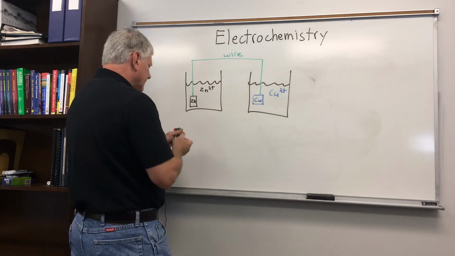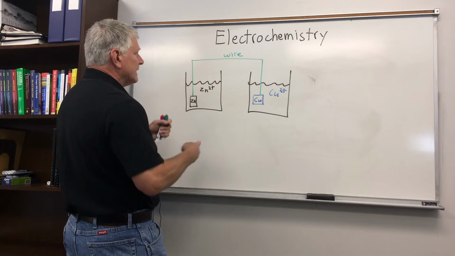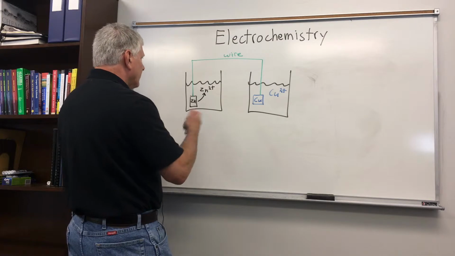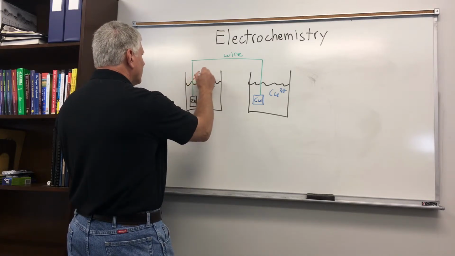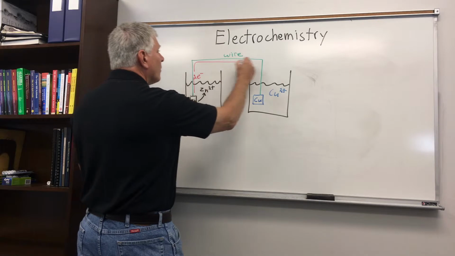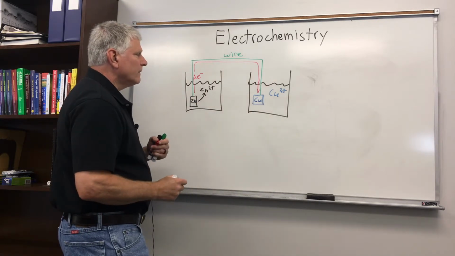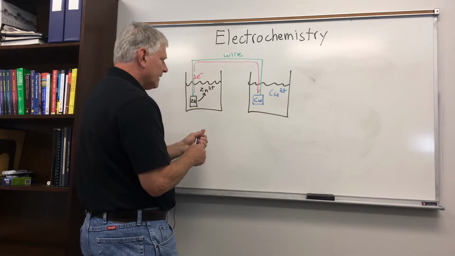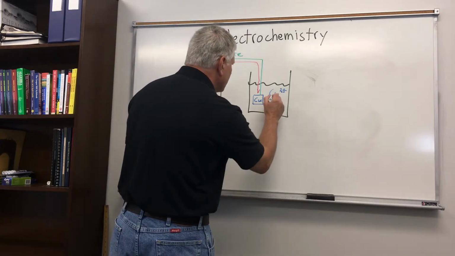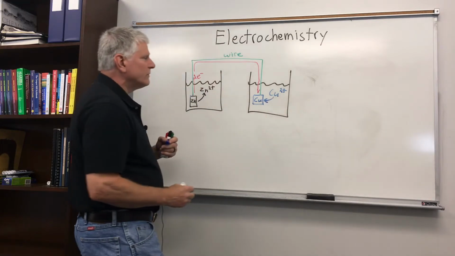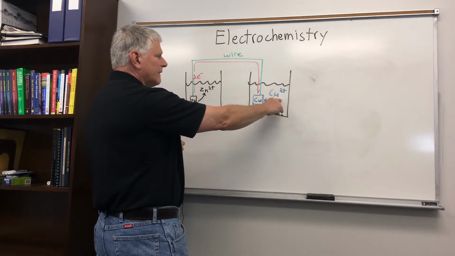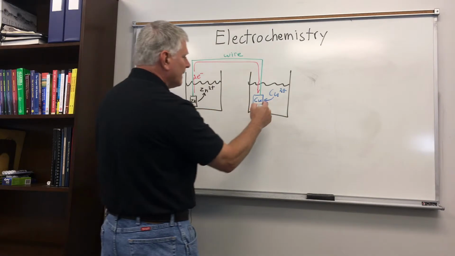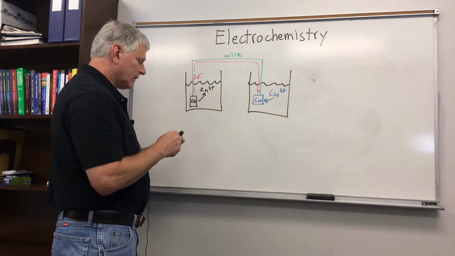Now during this reaction, zinc is going to give up 2 electrons and go to zinc 2+. And these 2 electrons are going to flow through the wire and get to the copper solid, where the copper 2+ can gain those 2 electrons from the copper solid electrode and plate out on the copper solid.